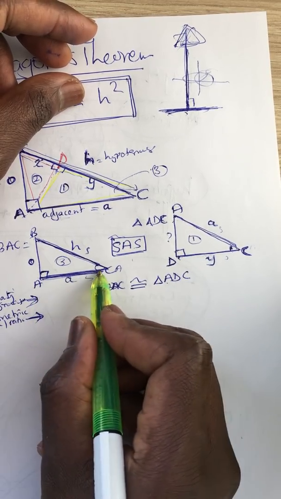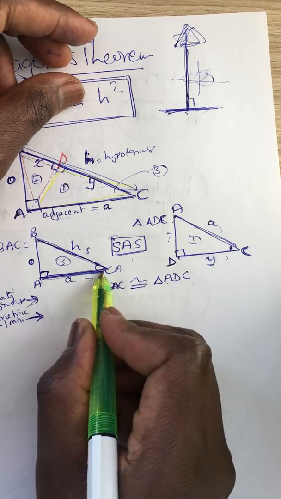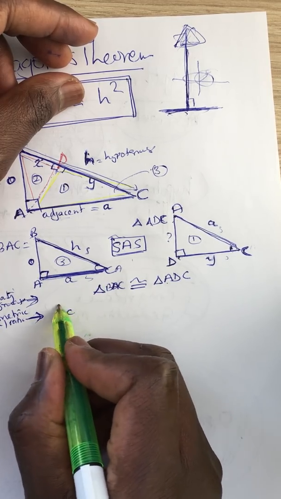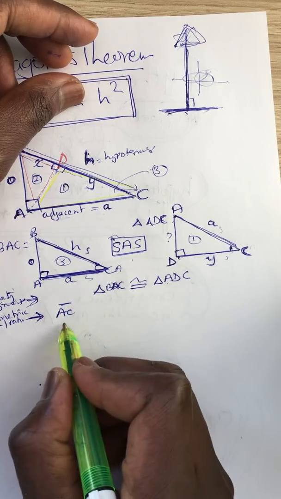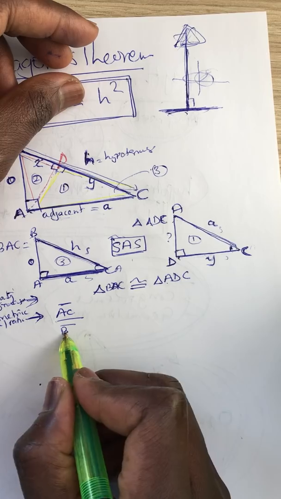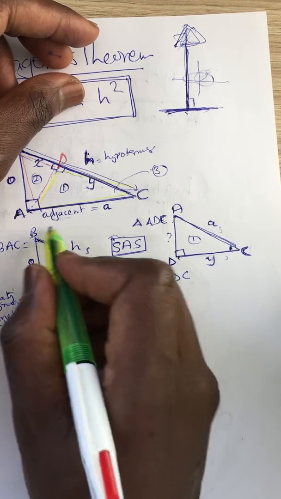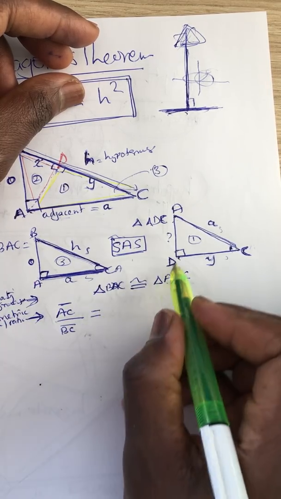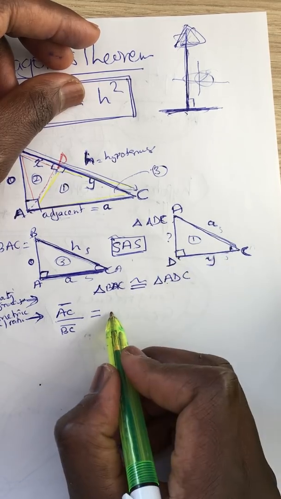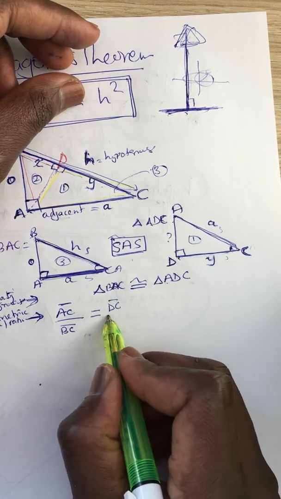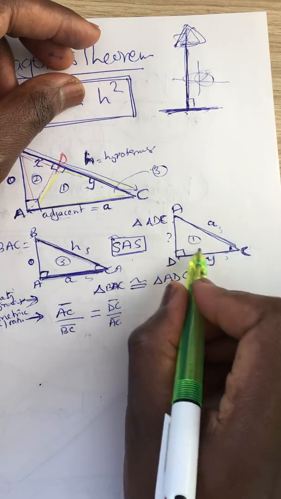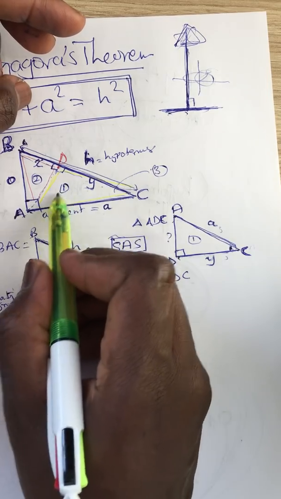This is the shortest side in here, so we're going to put it on top. The segment AC divided by the segment BC of the bigger triangle is equal to the segment DC, the shortest one here, divided by the segment AC of the smaller triangle.